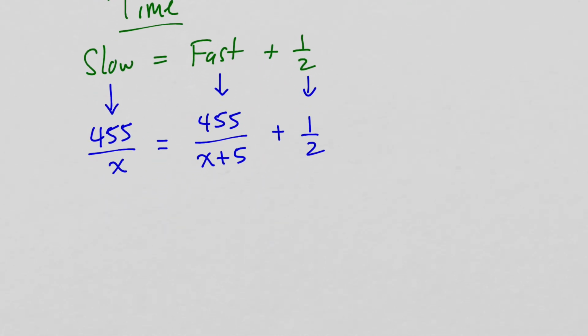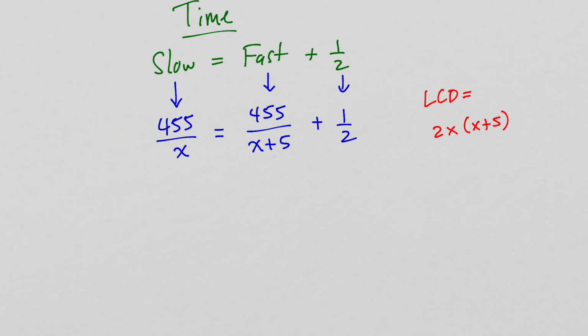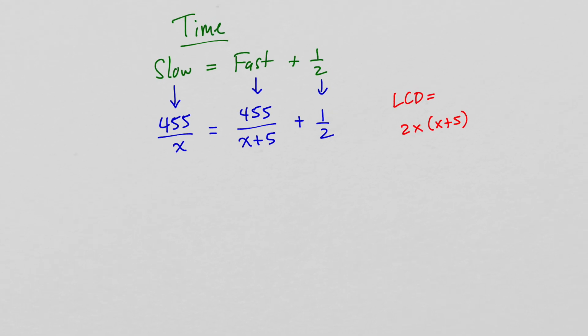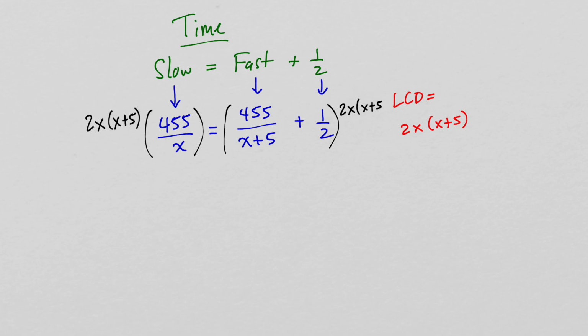To solve this equation, the least common denominator is going to be 2 times x plus 5. So we need to multiply both sides of this equation times 2 times x plus 5. What happens on the left-hand side is the x's cancel out, and we end up getting 2 times 455 times x plus 5.